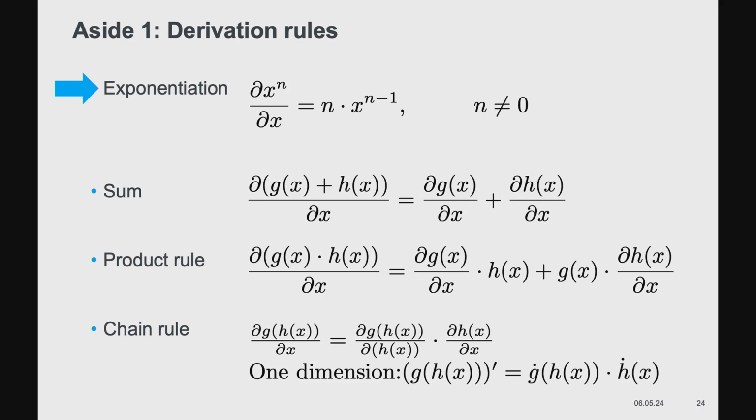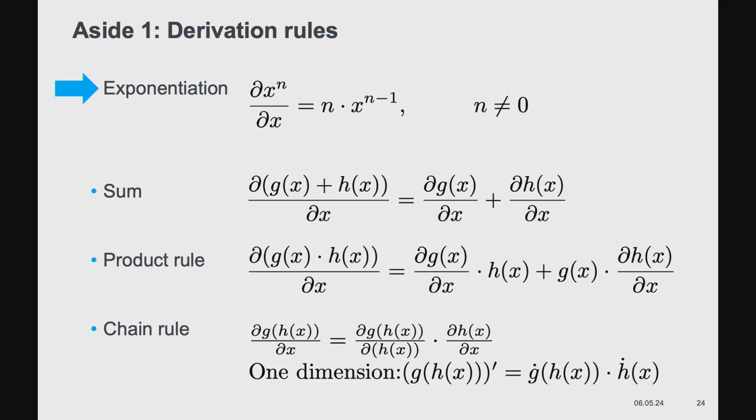And sometimes this part is also just written as d of g of z with the derivation of z. That would be an alternative way of writing this part here.